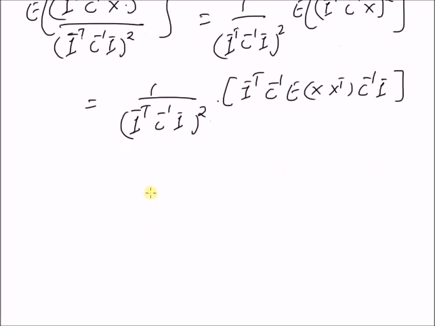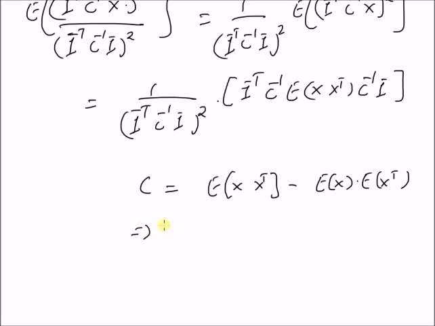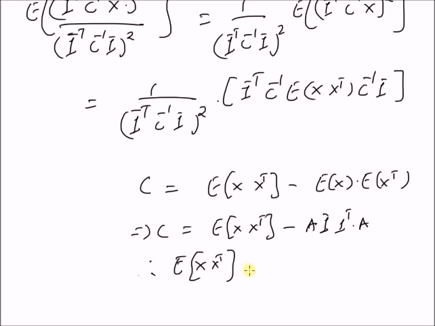Now we use the definition of the covariance matrix C, which is given by expectation of x into x transpose minus the product of the means of vector x, that is expectation of x into expectation of x transpose, which is clearly equal to expectation of x into x transpose, that is the second moment, minus the mean, which is defined by A into 1 bar, and the transpose is 1 bar transpose into A. Therefore, expectation of x into x transpose, that is the second moment of the vector x, is C plus A squared into 1 bar 1 bar transpose.